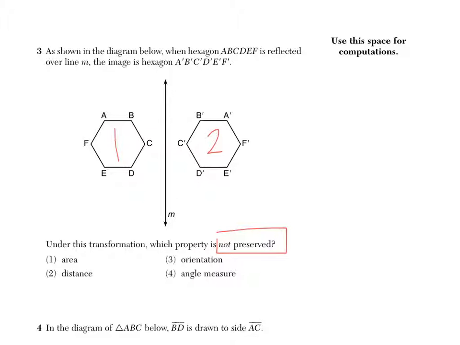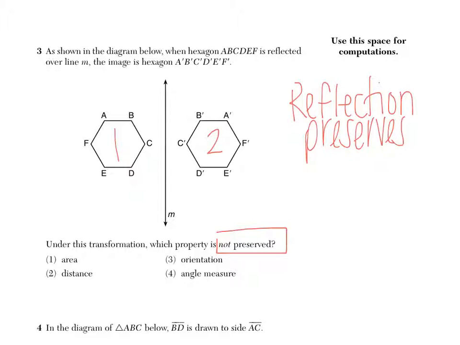In a reflection, we know that a reflection preserves distance. That means the length of the sides are the same. So AB is congruent to A prime B prime. Side lengths stay the same. It also preserves angle measure.